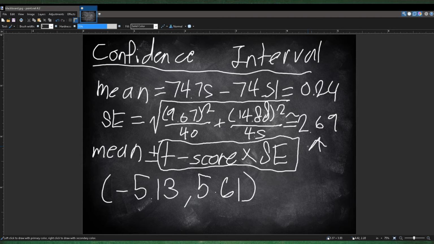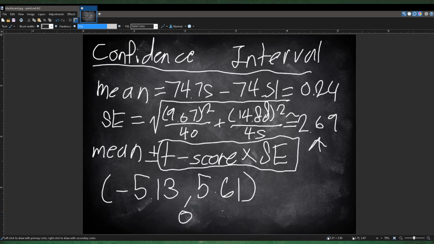So as always, you can use the confidence interval to help you answer the hypothesis test, kind of. Because basically, the null hypothesis is that the difference is 0, right? So the 0 is between negative 5.13 and 5.61.